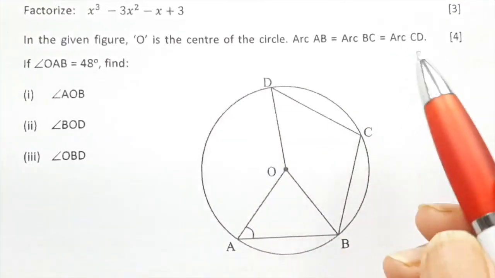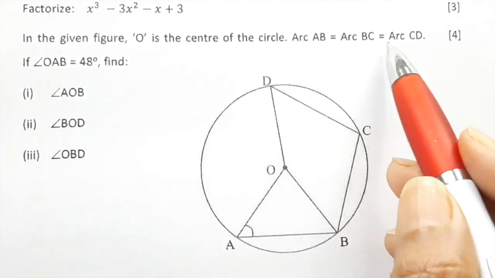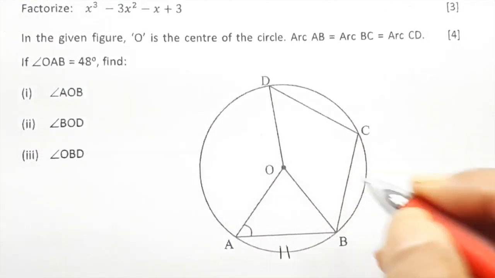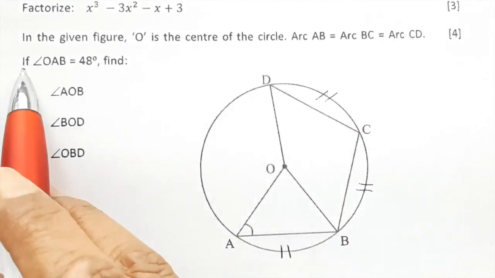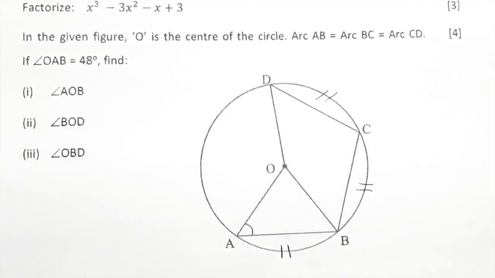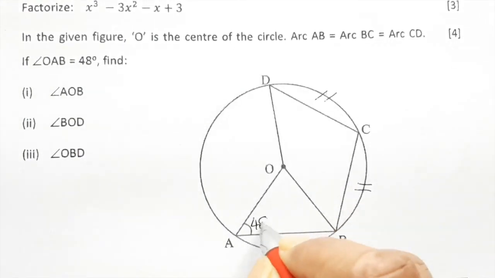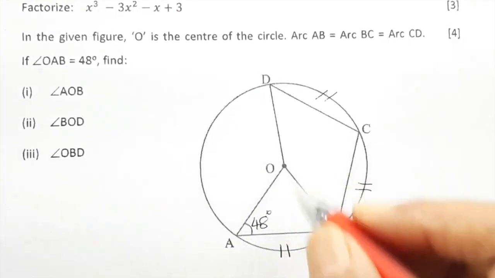In the figure, O is the center of the circle. Arc AB is equal to arc BC equal to arc CD. So arc AB is equal to arc BC is equal to arc CD. Angle OAB is 48 degrees. OAB, this is given as 48 degrees. Find angle AOB.